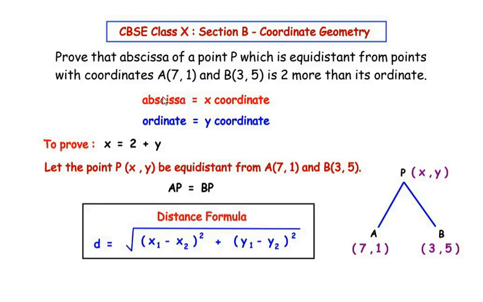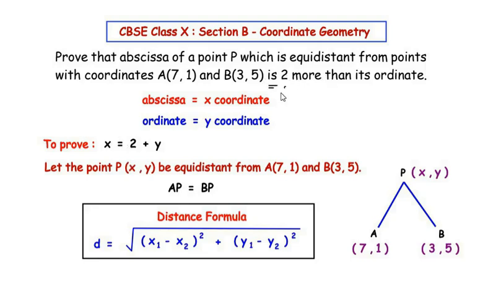Now once we have understood what is an abscissa and ordinate, the next thing we have to do here is prove that the abscissa of a given point is 2 more than its ordinate. So here we have to prove that the abscissa, which is x, the word "is" in English represents the equal to sign in mathematics. So x is 2 more than.